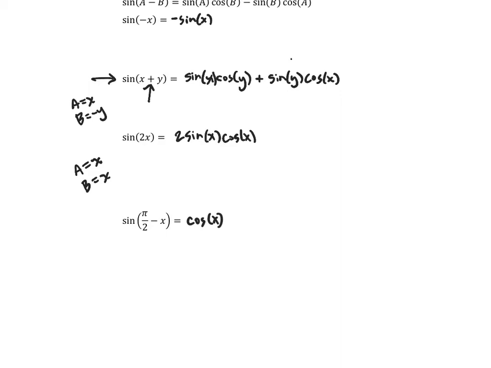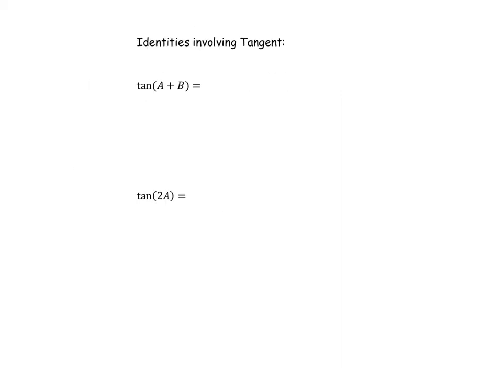All right, let's get into some of the good stuff here with tangent. So tan of a plus b. Well, tangent is really sine over cosine. So this is sine of a plus b over cosine of a plus b. Now let's expand.